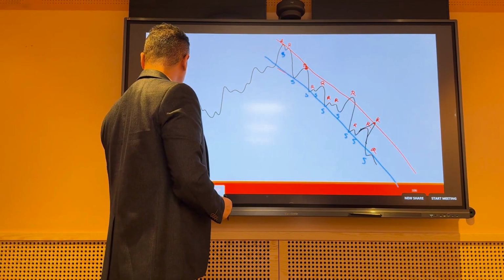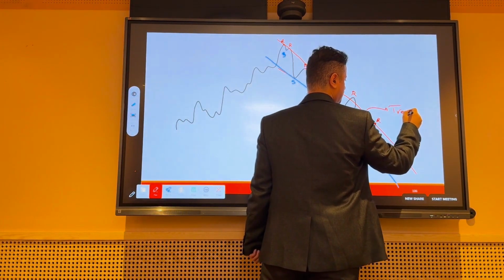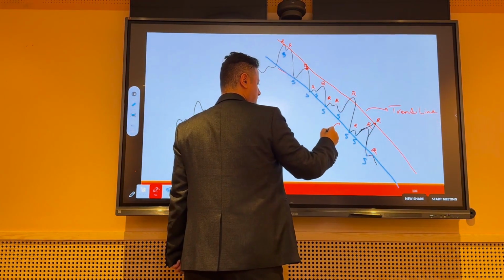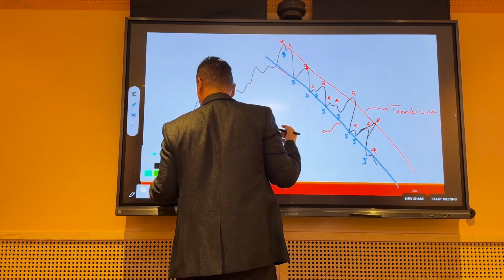Just keep in mind that our trend line was down there. Here the trend line is up. Here, down here, up there, we had a channel line. Here at the bottom, we have a channel line.